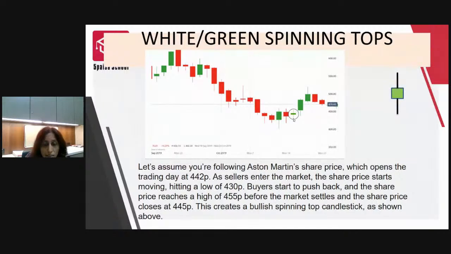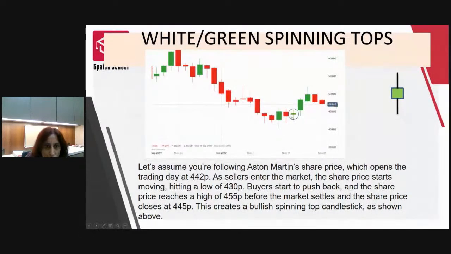However, the buyers start to push back, and the share price reaches as high as 455 before the market settles and closes at 445. Closing at 445 obviously indicates a bullish sentiment, so the candlestick is going to be bullish, with a green colored real body.